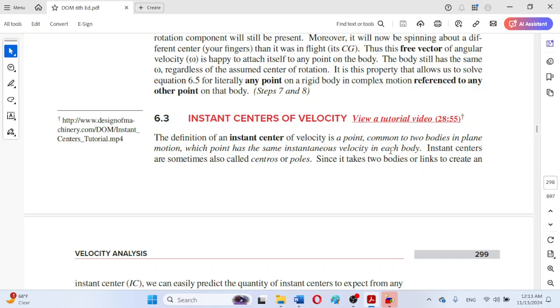That means in the next moment the instantaneous center will change for both bodies. Further explanation will be made as we proceed in the article. It also states that instant centers are sometimes called centros or poles.